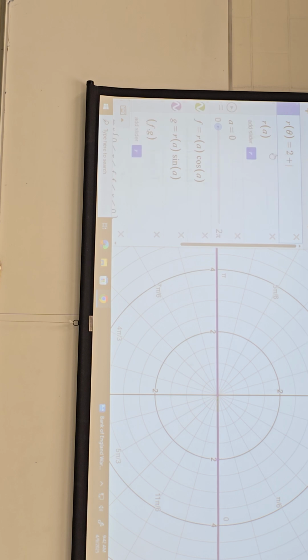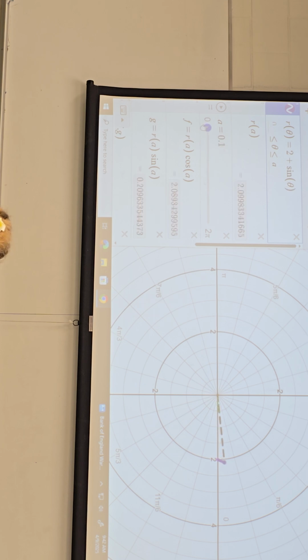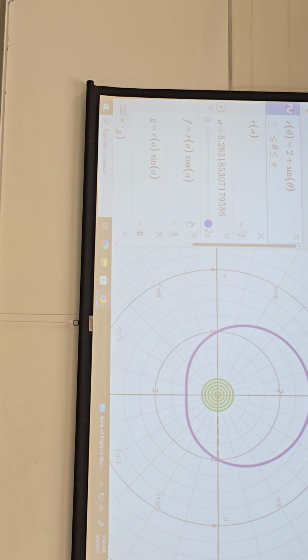So you could also have some interesting things like 2 sine of theta. You can see just kind of interesting curves as you start to sweep out. That one is not exactly circular. Let's make this 3, this 1.